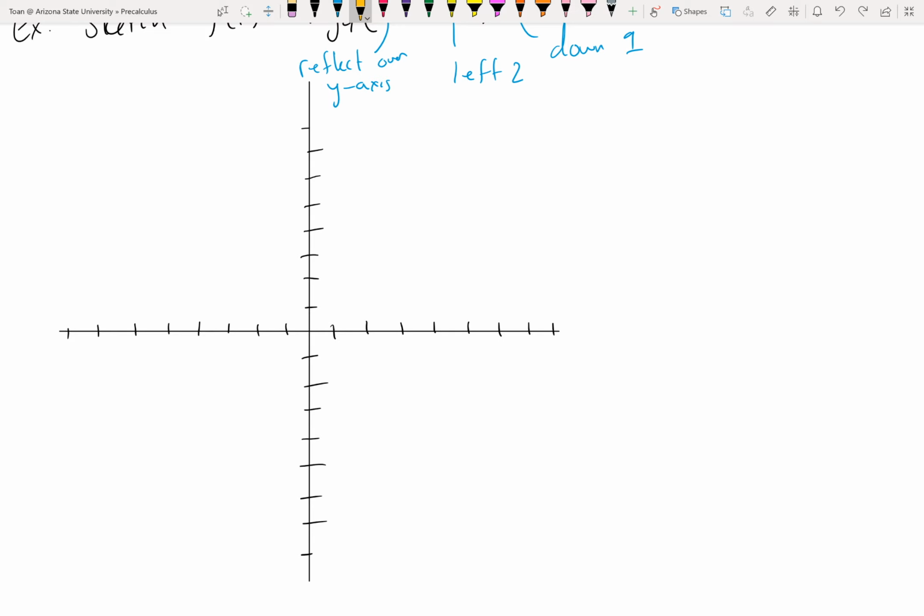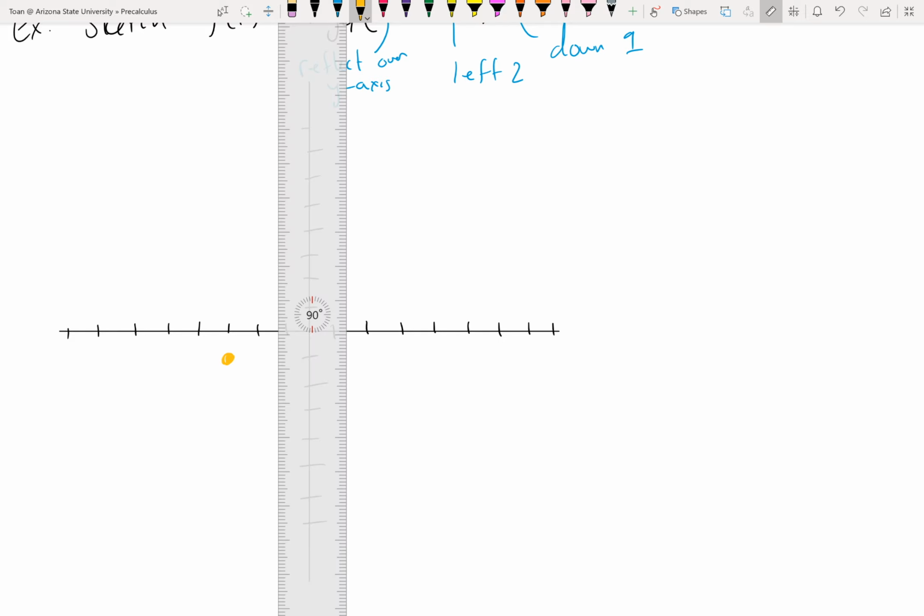You always do flips or reflections before up, down, left, right. So this point right here gets reflected over the y-axis to there. Now this point here, I need to move to the left 2, 1, 2, and then down 1. So that should be the location of our new, quote, special point. Right there.